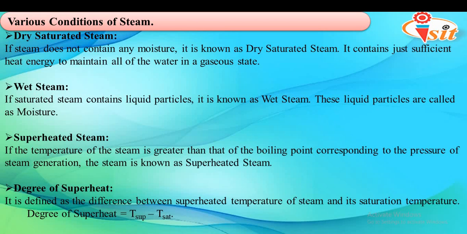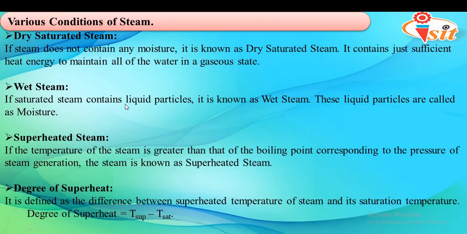If you add a little more heat to it, it will go into the superheated region. And if you remove some small amount of heat from this steam, it will go into the wet region.